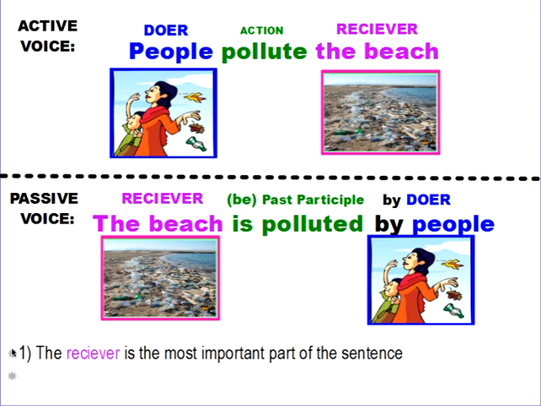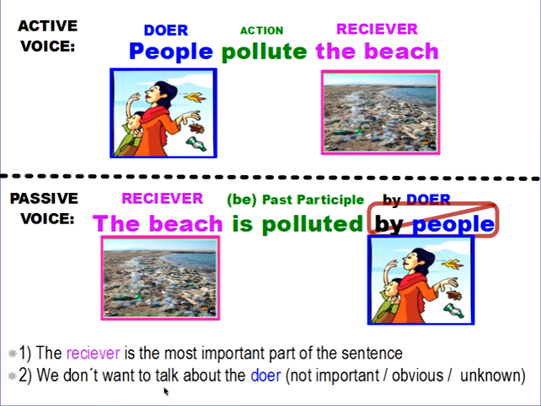Okay? So the reason why I use the passive voice is that the receiver is the most important part of the sentence. For example, the people aren't important in this sentence. I want to talk about the beach. The beach is the thing that is affected. So the receiver is more important. Another reason why is that we don't want to talk about the doer for many reasons.